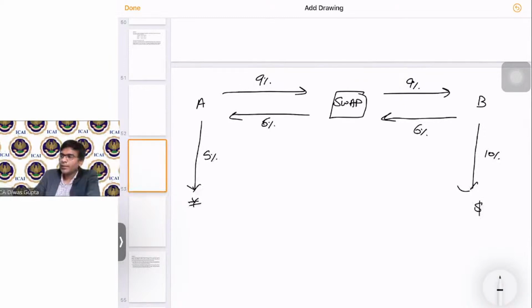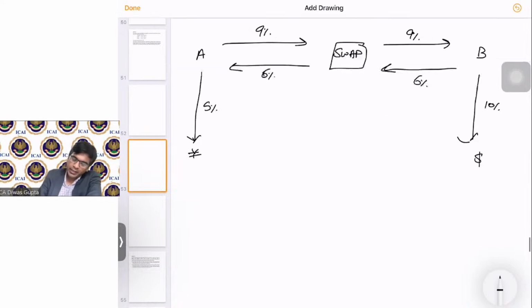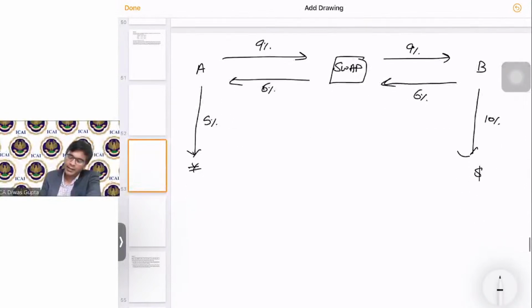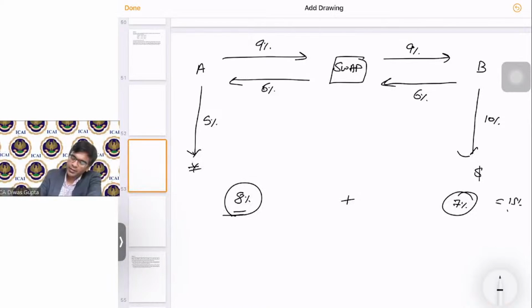Now let's calculate the overall cost, or let's say overall opportunity gain or loss. This chart I've just put so that it is very clear. Here it is 10 plus 6, 16 minus 9, that is 7% effective cost. And here it is 5 plus 9, 14 minus 6, 8% effective cost. 8 plus 7 is equal to 15%.